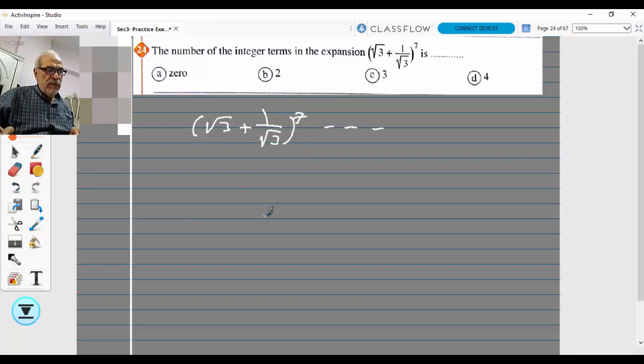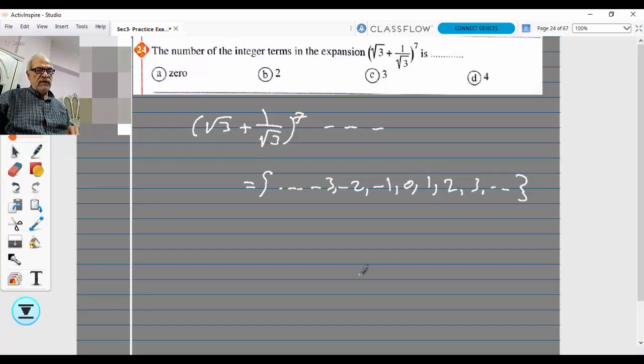You have to remember the set of integers is numbers like -3, -2, -1, and 0, 1, 2, 3, and so on. This is the set of integers.